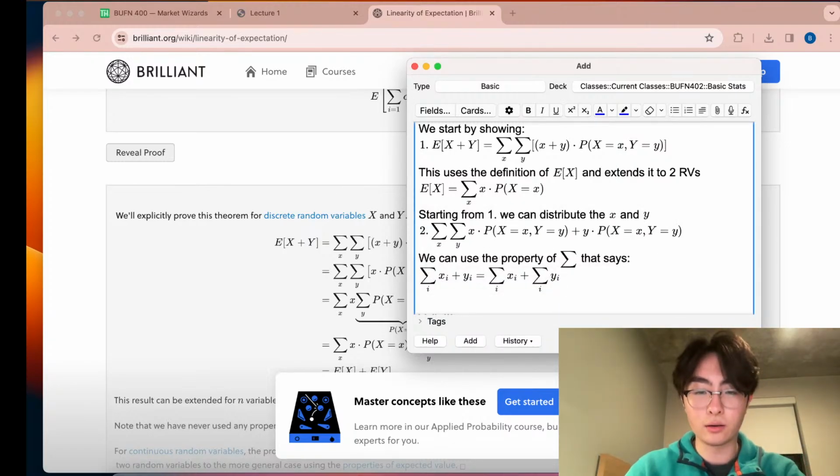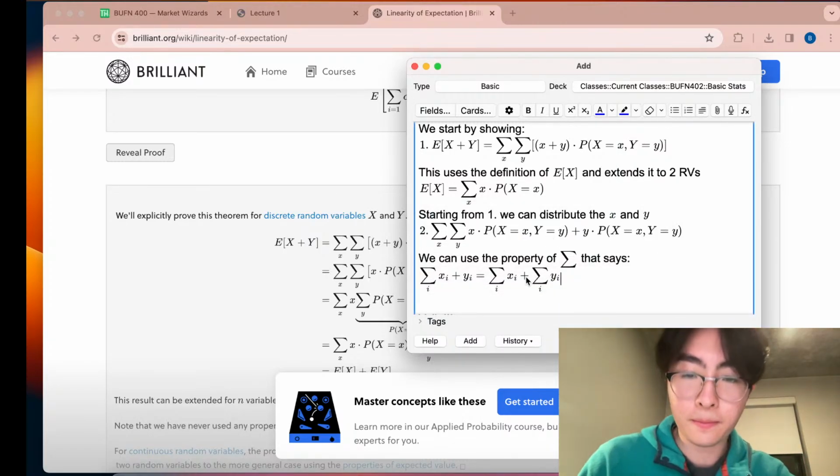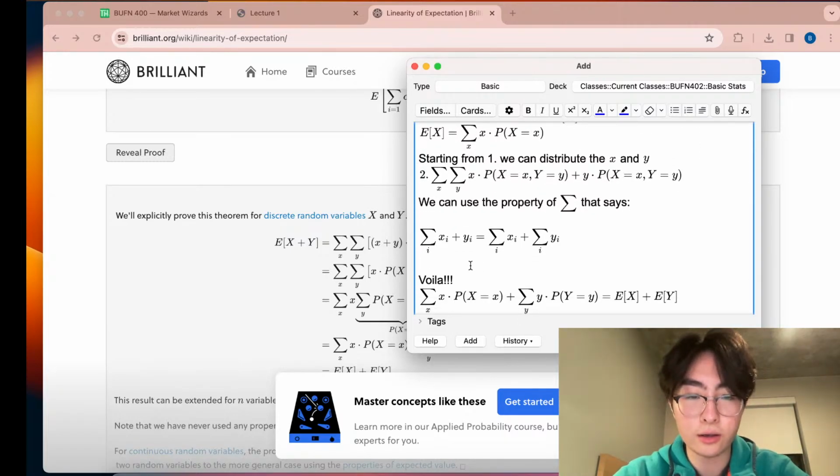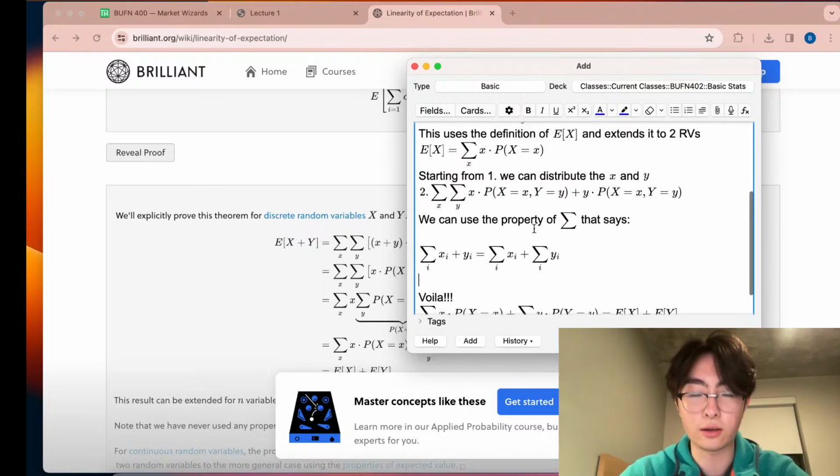So we have i iterations of x_i plus y_i, so there's the same number of x and y. This should be true because we're adding up all the x's and then adding up all the y's. That's the exact same as just adding the pairs of x and y all together.